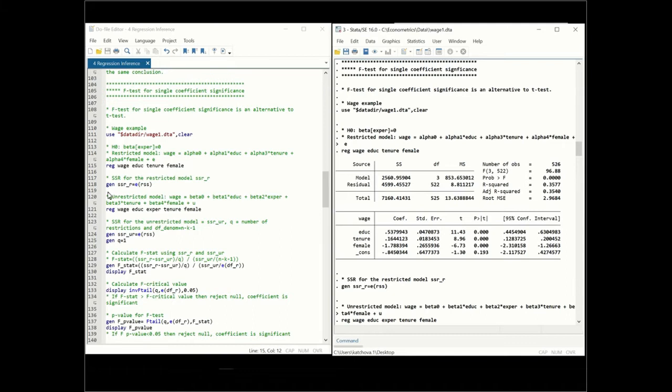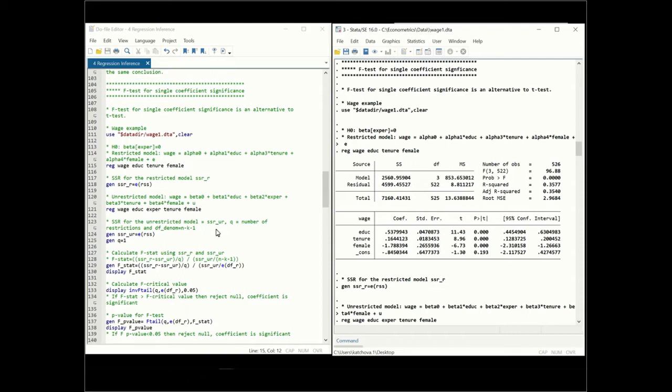So what we will do is generate the SSR for the restricted model, and this is where that SSR is stored. So this would be e(rss), the residual sum of squares. So when this regression is estimated, we would be storing the sum of squared residuals, which is this number here. Okay, so if we estimate the unrestricted model, we would be storing the SSR for the unrestricted model.